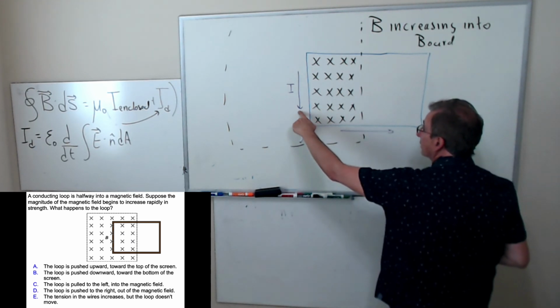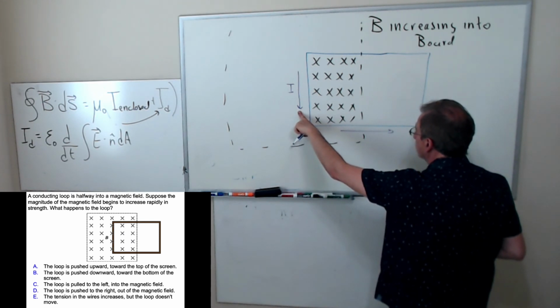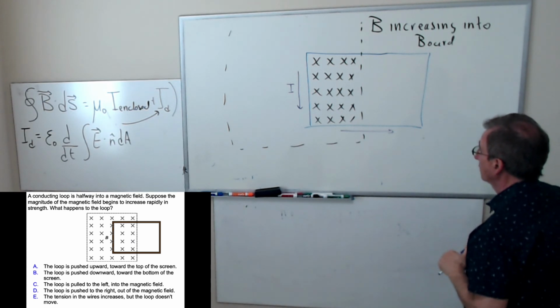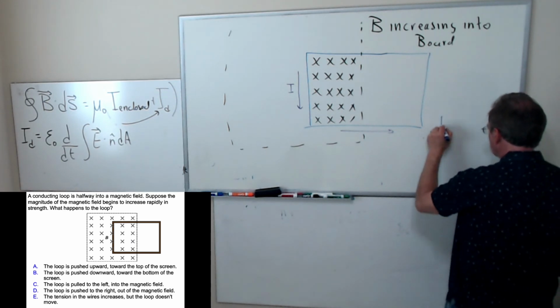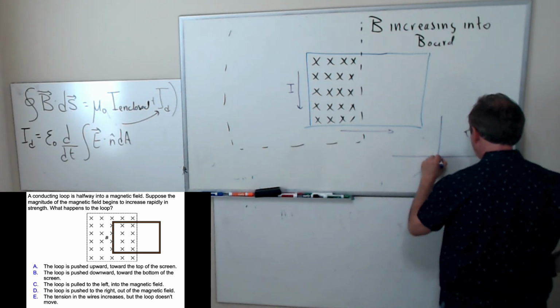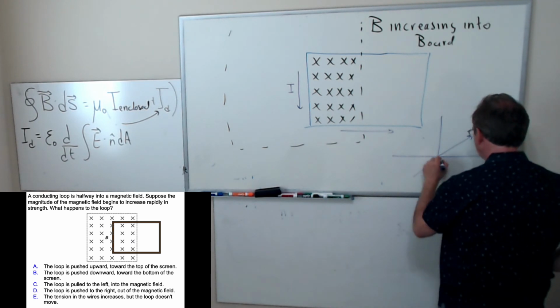So let's just take a look at this part right here. If we use the right-hand rule, we have B into the board, we have a current downward.